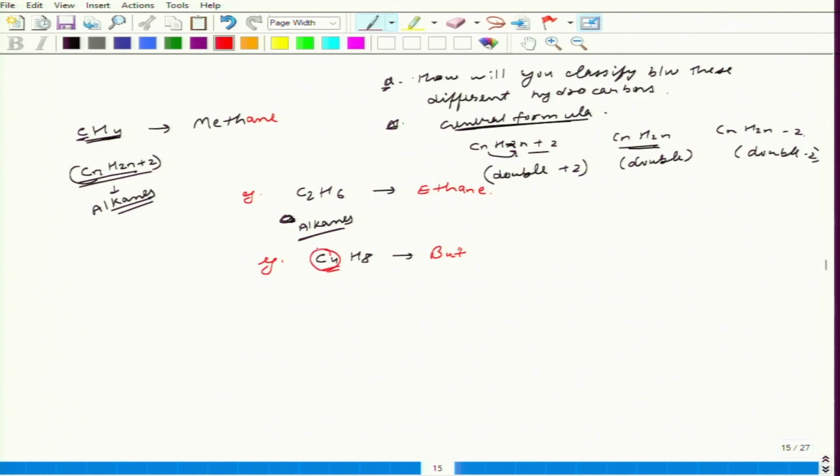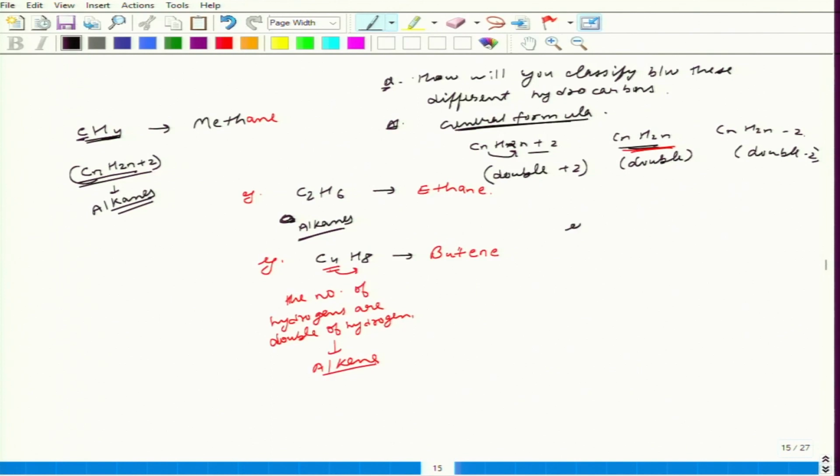The number of carbons is 4 and the number of hydrogens is double that of carbon. So it's going to form but-, and that means it's an alkene, right? It's an alkene, so it ends with ENE.